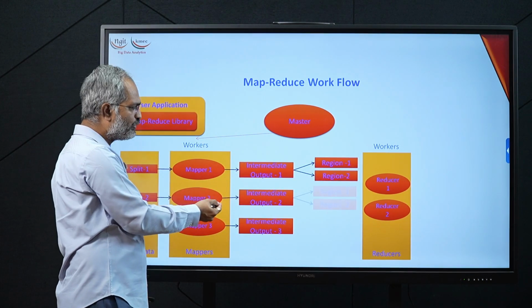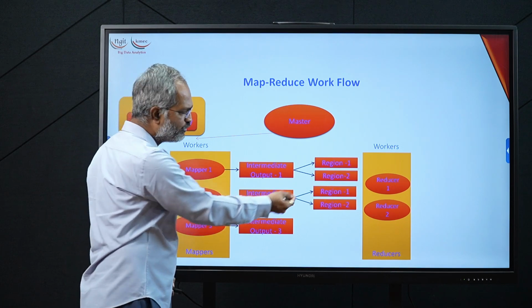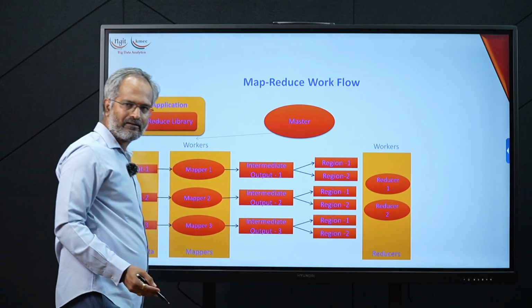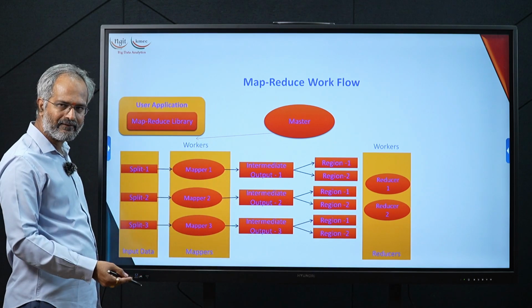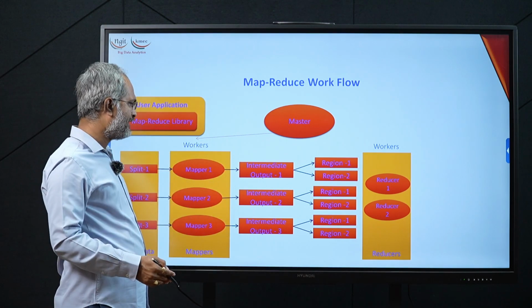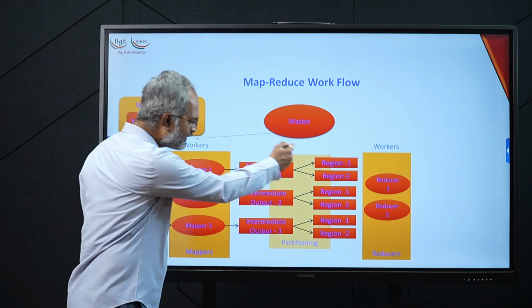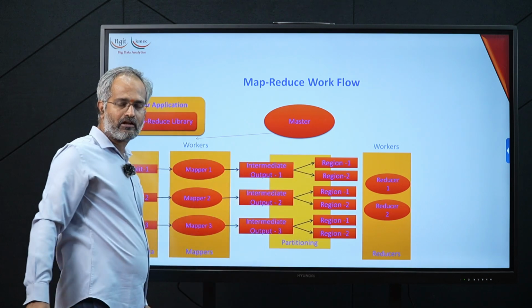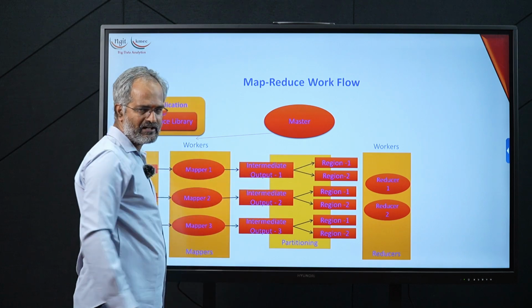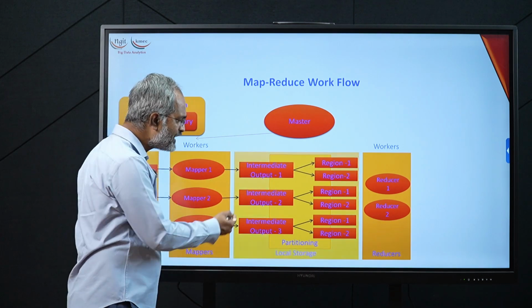Mapper 2 also produces intermediate output 2, divided into two regions, and the third output is also divided into two regions. However many reducers there are, that many regions will be created. This process is called partitioning, partitioning of the intermediate output into different regions.